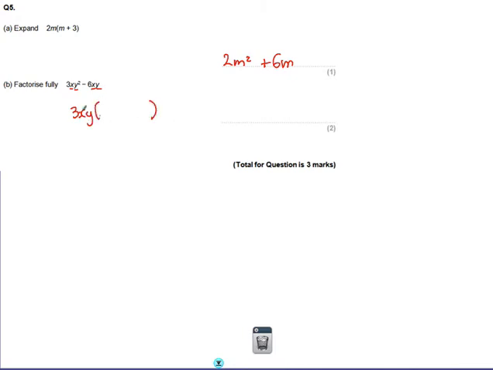Open your brackets, close your brackets. Now 3xy times something gives us 3xy squared, that's y. 3xy times something else gives us minus 6xy, and that's just minus 2.